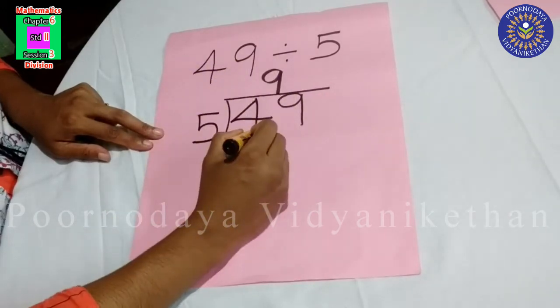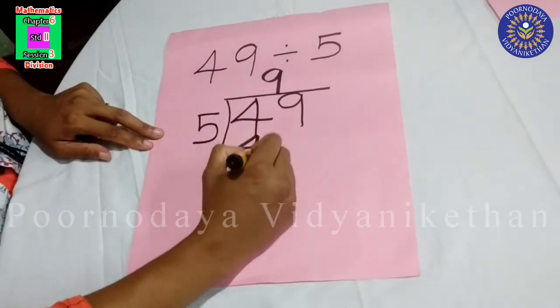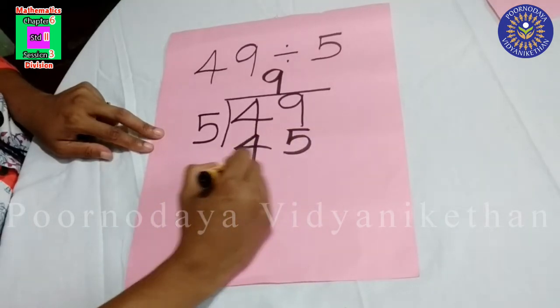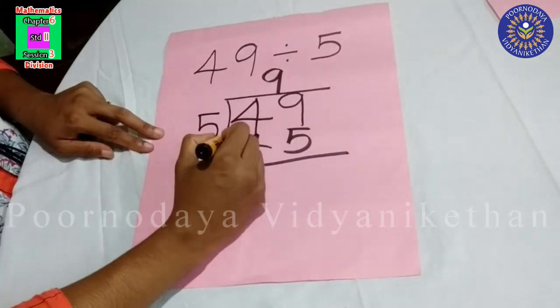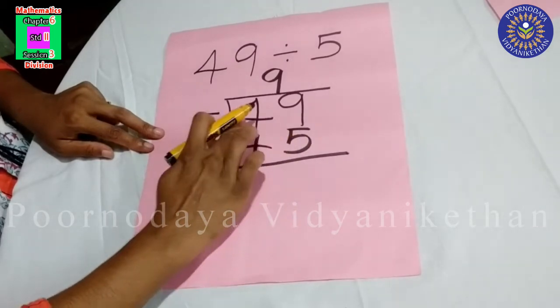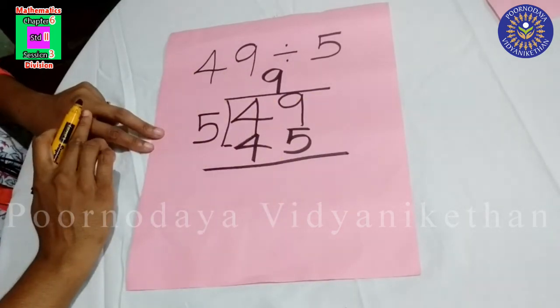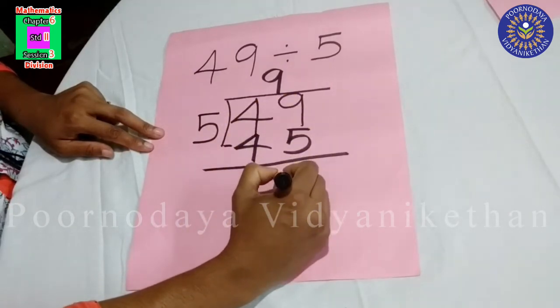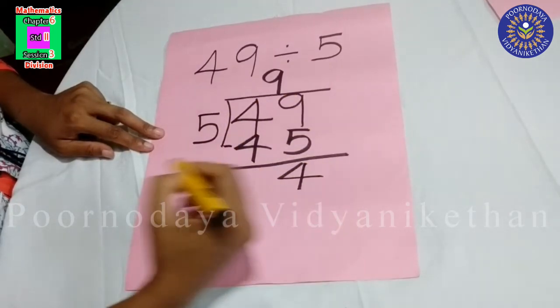5 9s are 45. Now what you have to do? Subtract 45 from 49. Isn't it? 9 minus 5 is equal to 4.